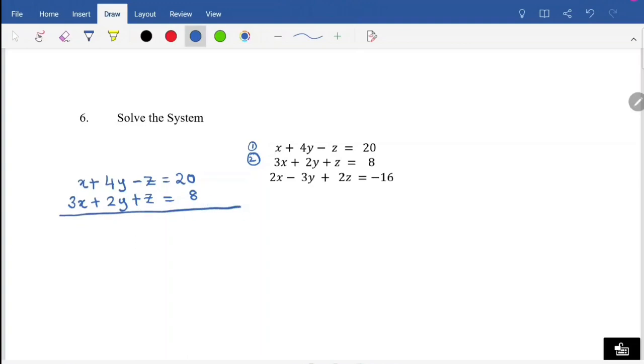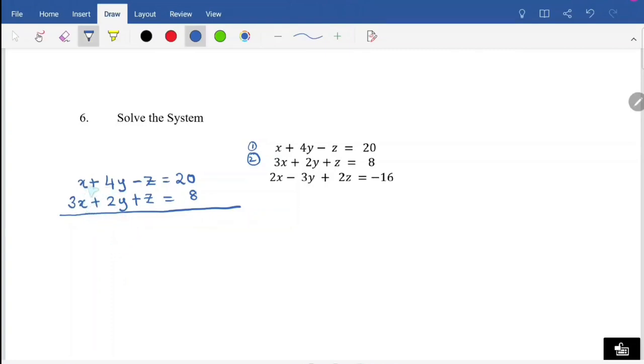And how am I going to eliminate a variable? By adding the two equations. If we add the two equations, we can see very easily minus z and plus z will cancel and we can eliminate them.